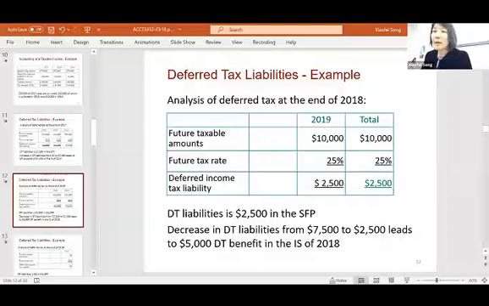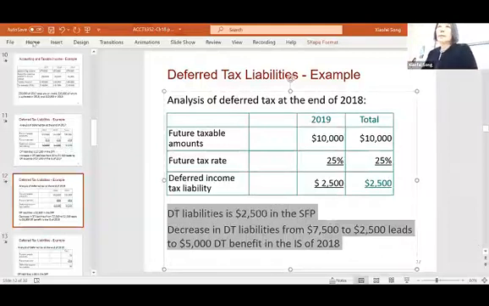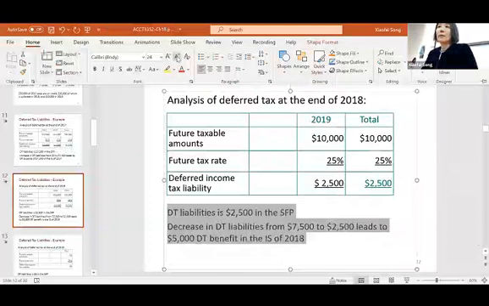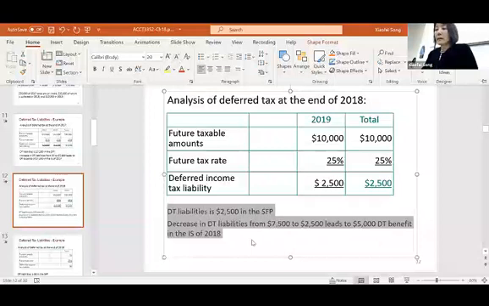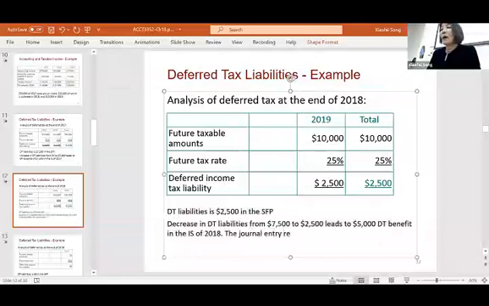So maybe I'll do a journal entry for this year. The journal entry required to record the change is this.